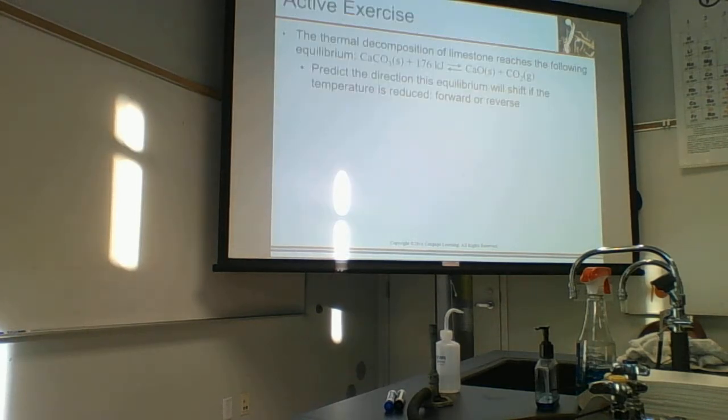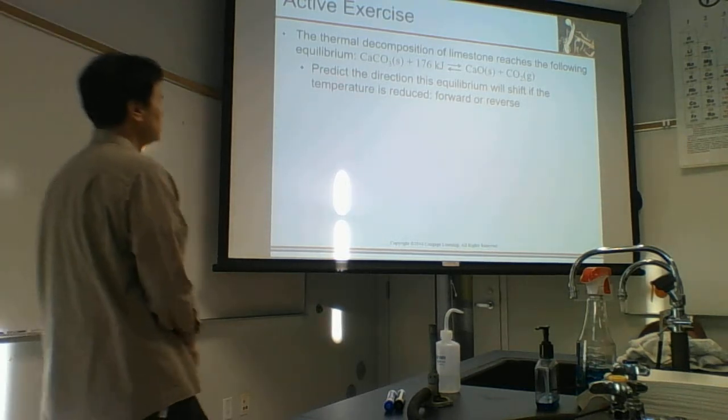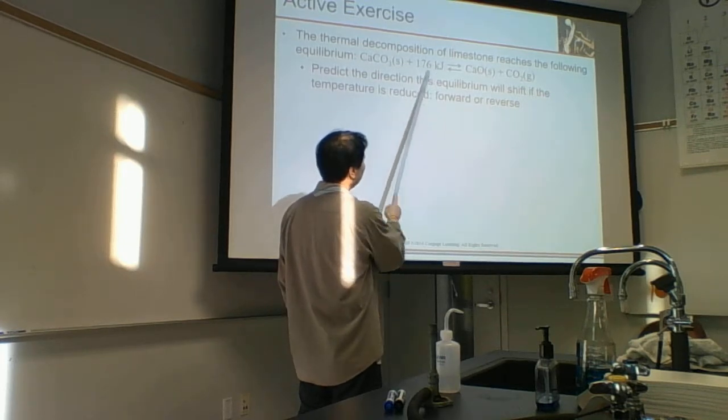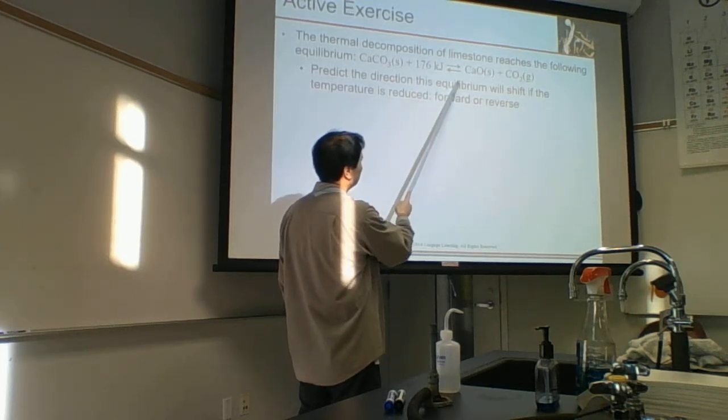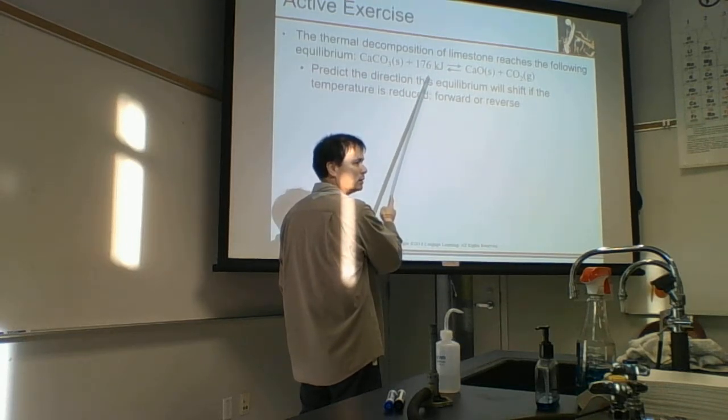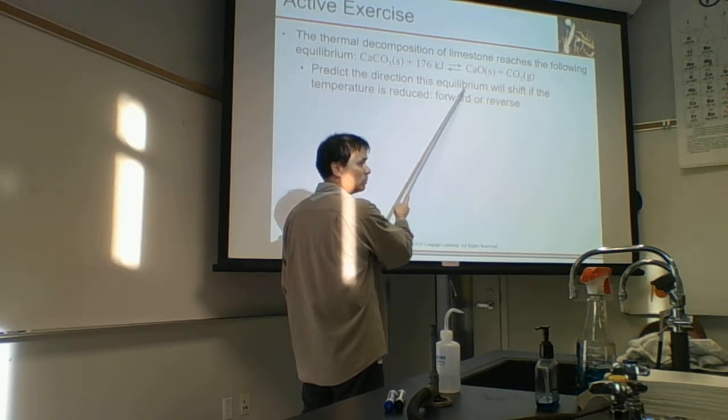Temperature favors, well, it depends if it's endothermic or exothermic. This particular reaction is endothermic. So if I add heat, which way should this shift, to the right or to the left? If I add heat, it should shift to the right.